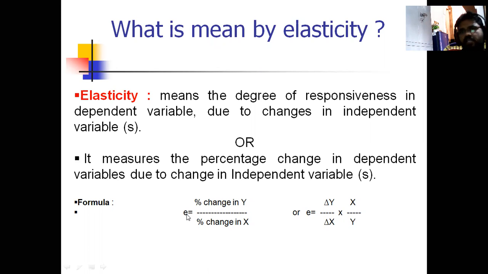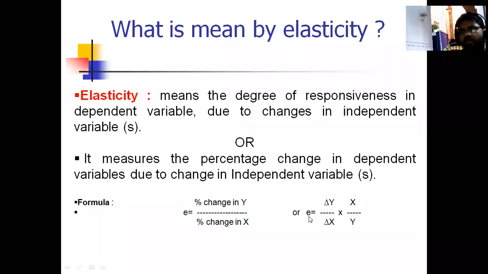That is, the elasticity is equal to percentage change in y divided by percentage change in x. Simple, we can say that it is the ratio of changes in y to changes in x, nothing but percentage change in y variable due to percentage change in x variable.